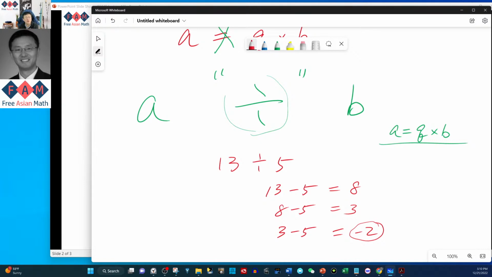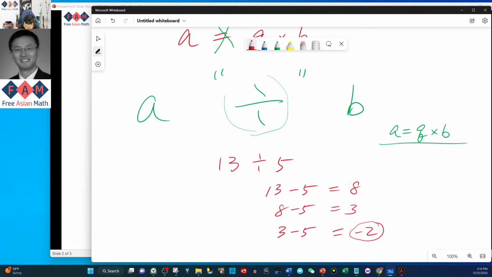Remember, for now, we want to focus on positive integers or natural numbers. So -2 is surely something outside our discussion. We don't want -2. We want to have something within our constraint, that is natural numbers.